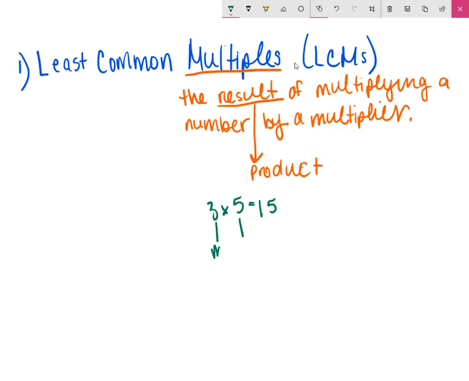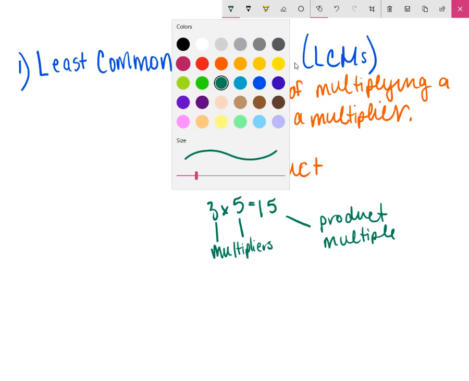And 15 is the product, which is also the multiple. So the multiple is 15, and 15 is a multiple of both 5 and 3. Okay. So we got a general understanding of what a multiple is.